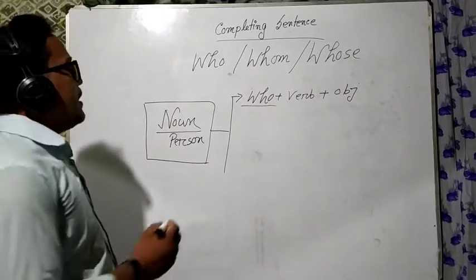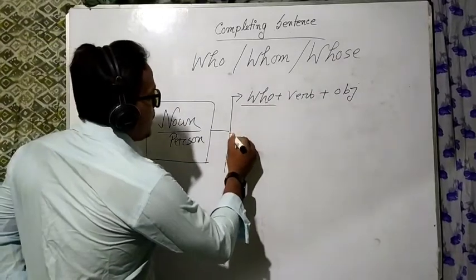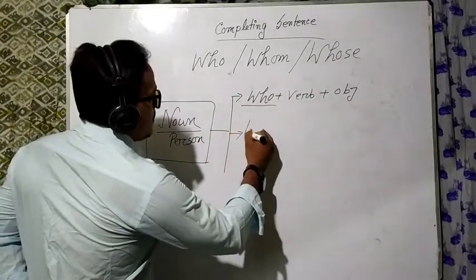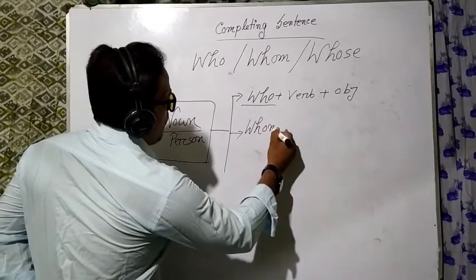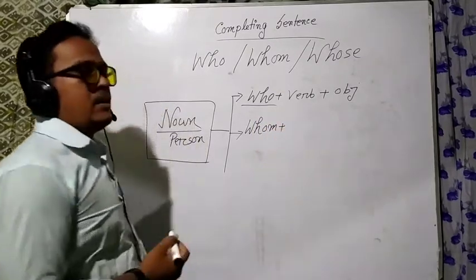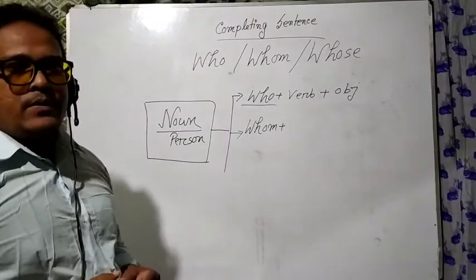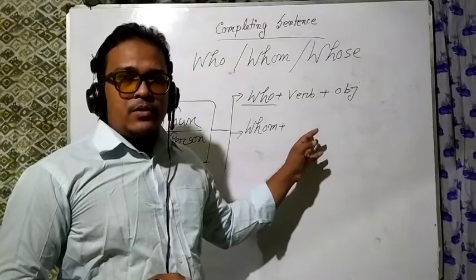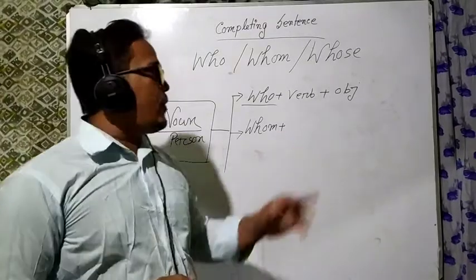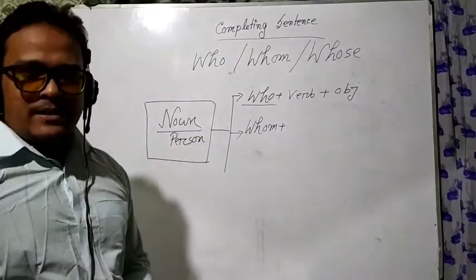But when after the antecedent we see whom, then we have to use a noun or a subject which has no affinity or association with the antecedent.